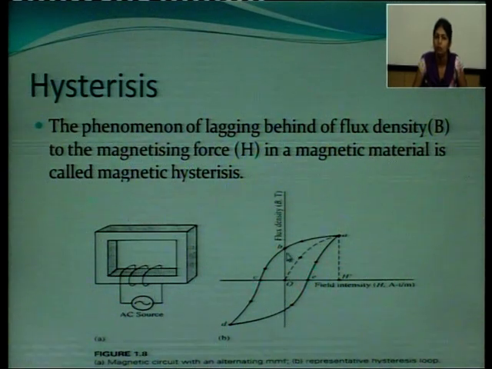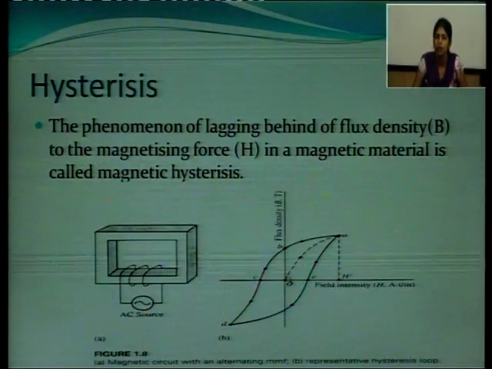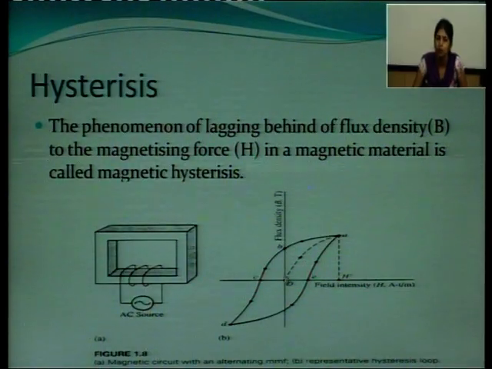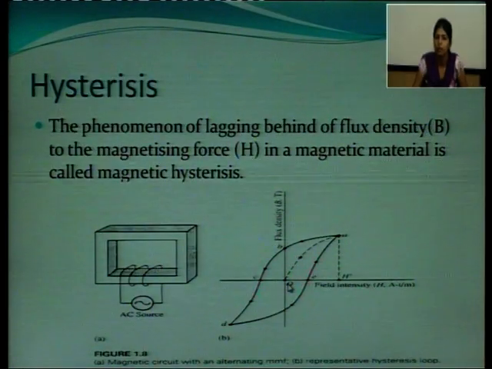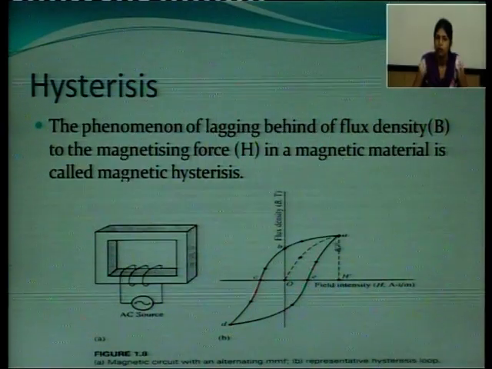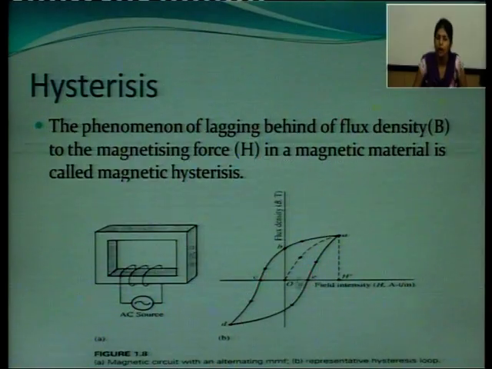This power of retaining the magnetism is known as retentivity. So, OB shows the retentivity. Now, we again reduce the magnetic field intensity in the reverse direction, and this is known as coercivity, OC. Again reducing, this follows a closed path, and this is known as hysteresis.